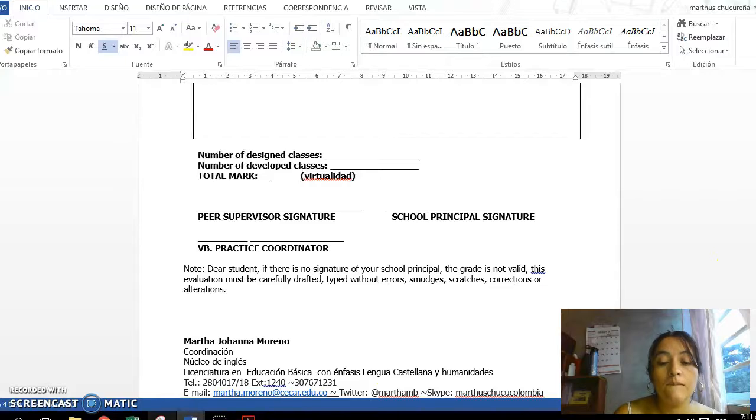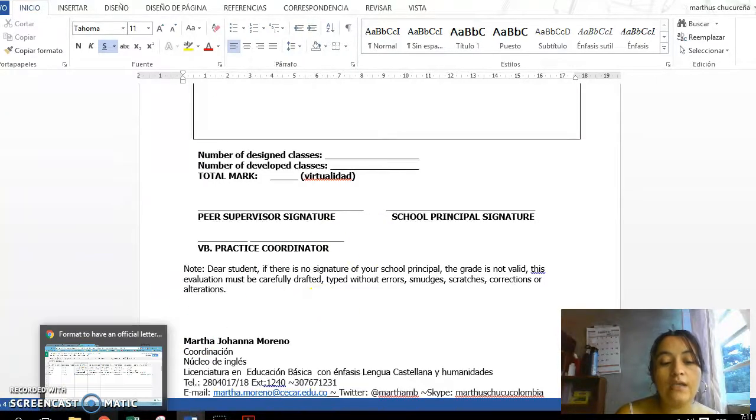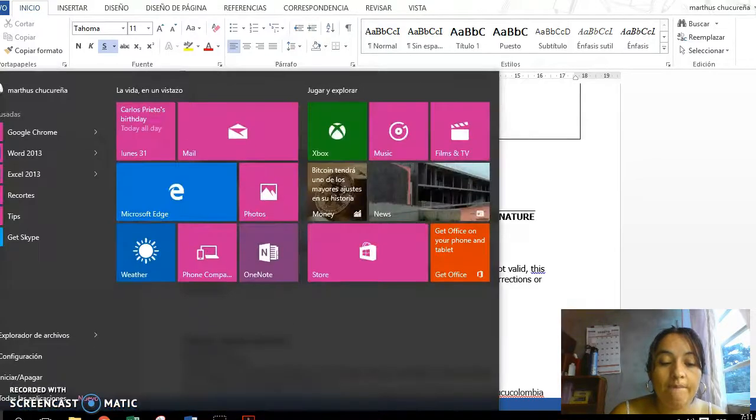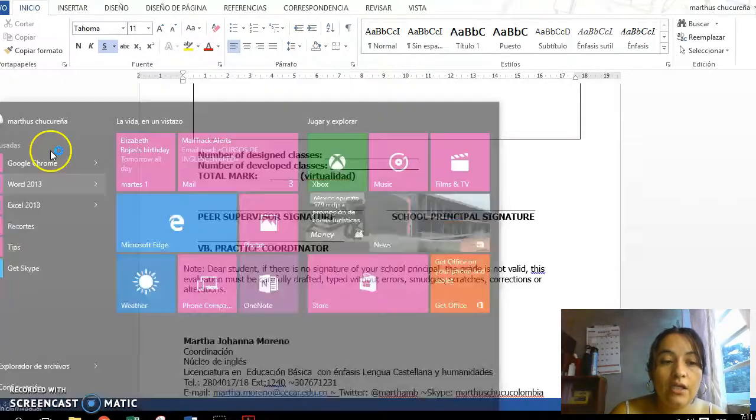Okay, it's very important to remember the documents you have to attach with the evaluation. Also, it is going to be in the space provided to upload the evaluation, but I guess it's very important that you have this clear in your mind.